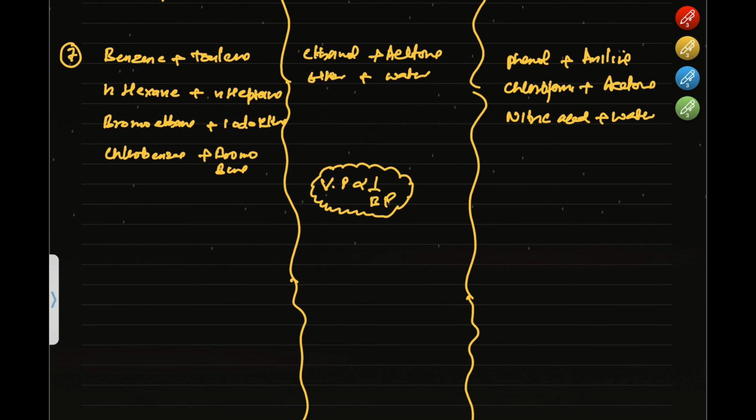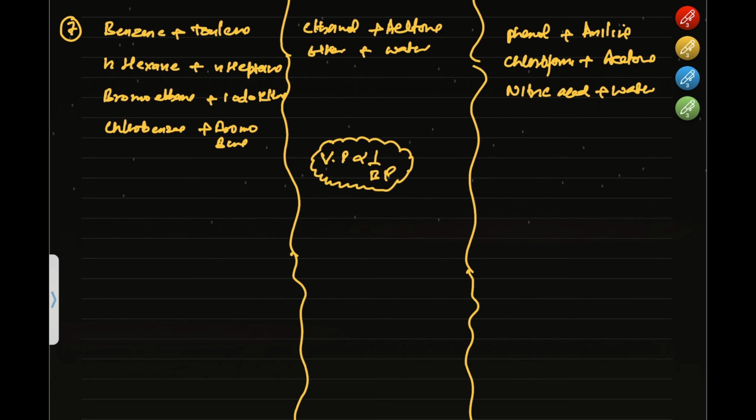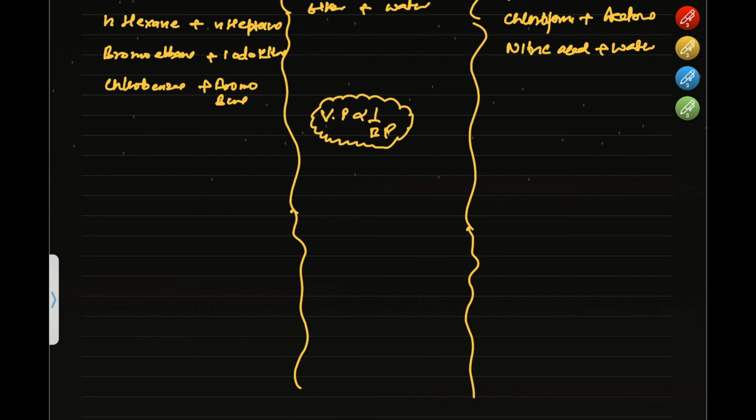This is very important, remember this. In a positive deviation the vapor pressure is high, which means the boiling point is low. The low boiling point means the minimum boiling point, so such a solution forms a minimum boiling point azeotrope.